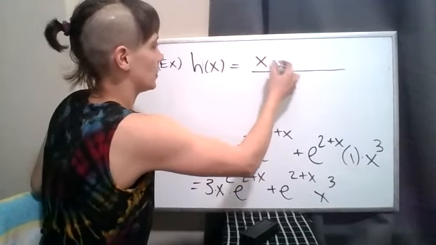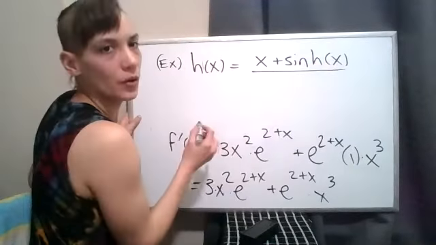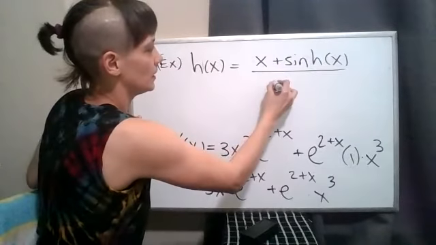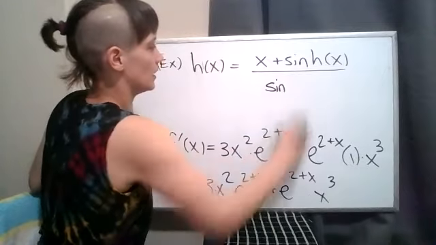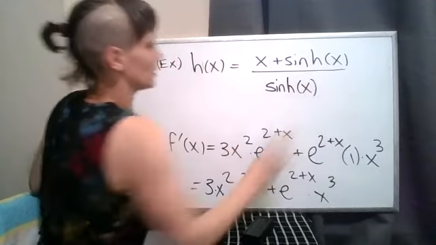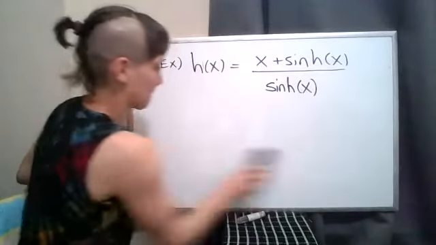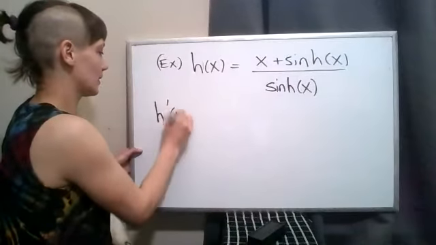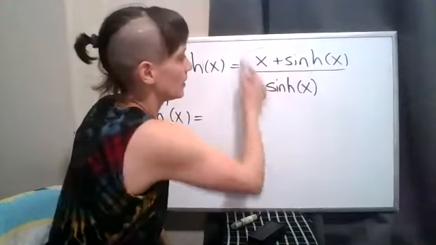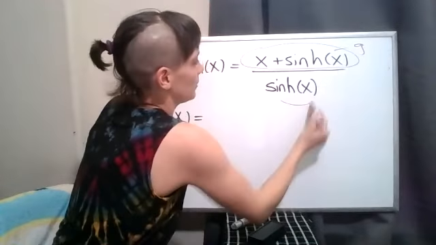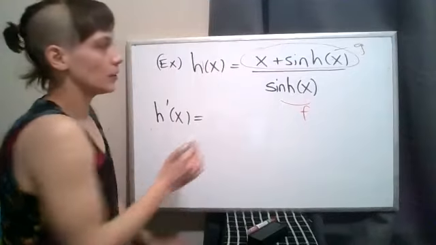Let's do x plus sinh of x over just sinh of x. Find h prime. Okay, this will be g. We're going to have low d high.